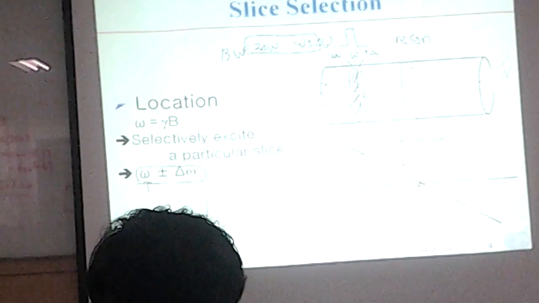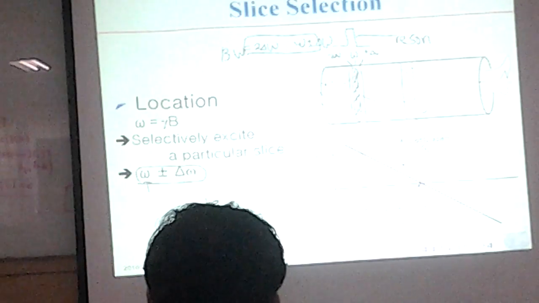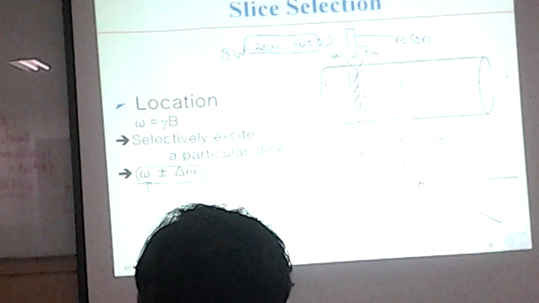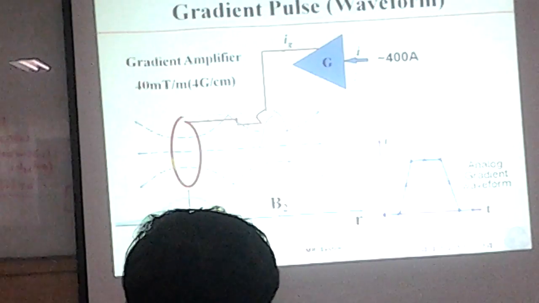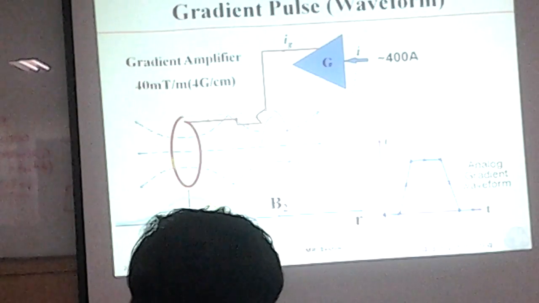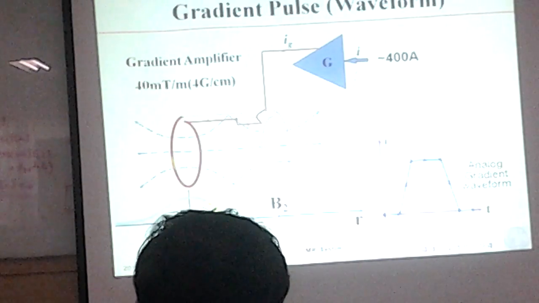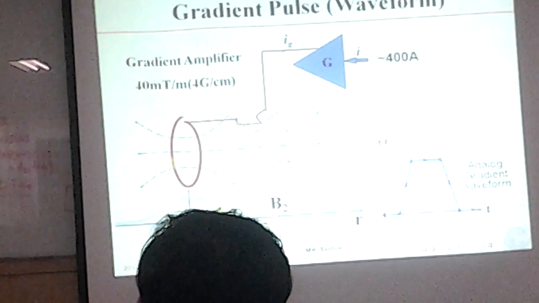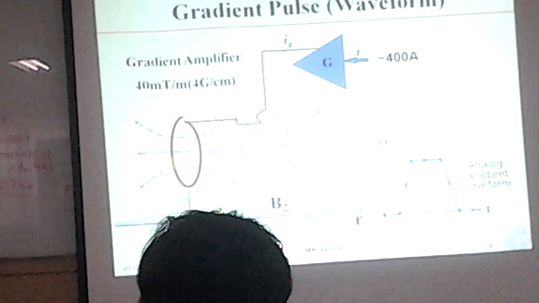That's a good question. There is the point here. This is a gradient field which is determined by the current of the gradient coil, right? So if we change the strength of current, then the slope of the gradient also changes. For a small current, the slope is small. If we increase the gradient current, then we can get a high gradient.